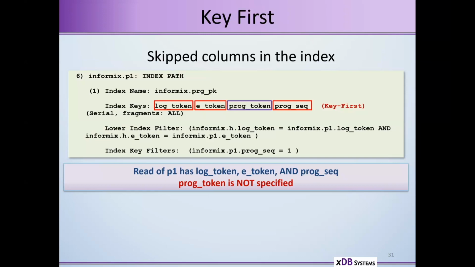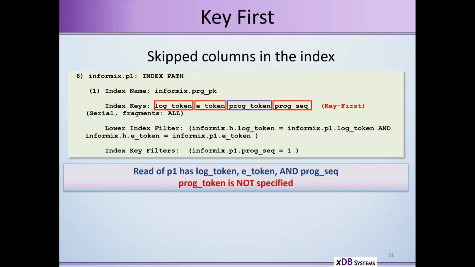Now, in this particular example, what we were finding was we would always have log token, E token, and program sequence. And we would use that to actually obtain prog token to do a read on the next table, right? That was the lookup for the next table.